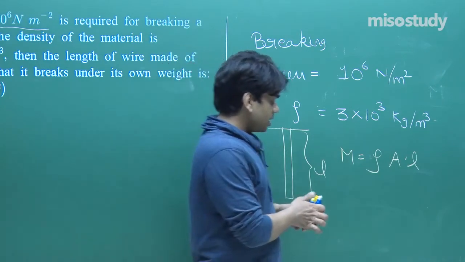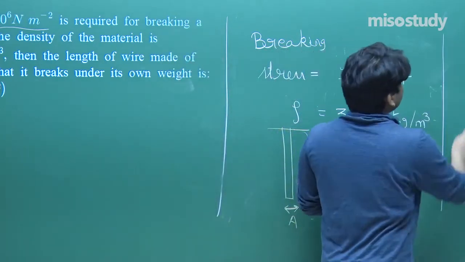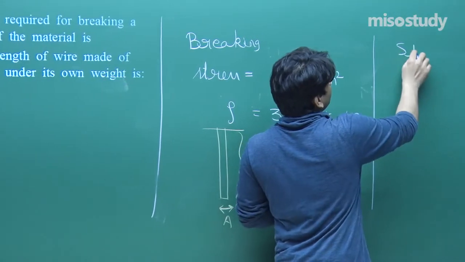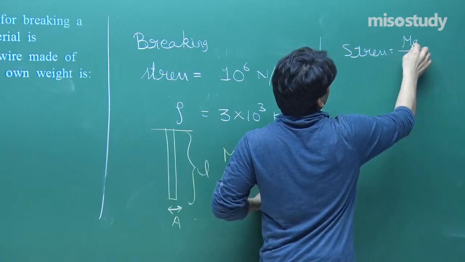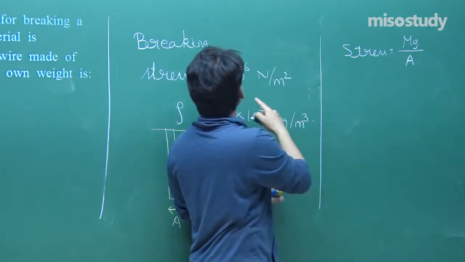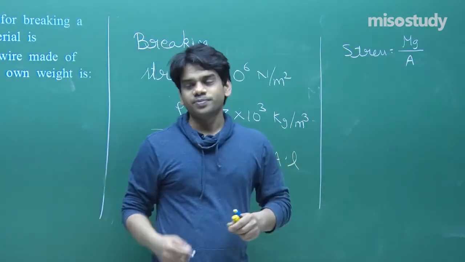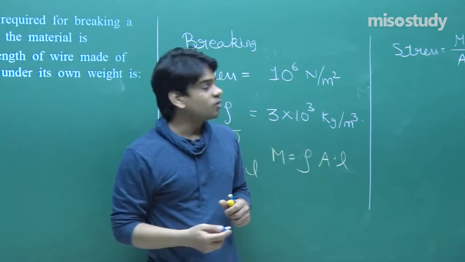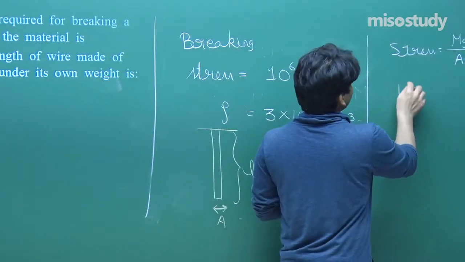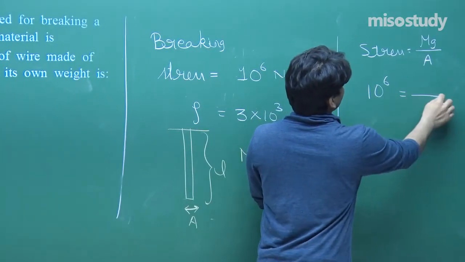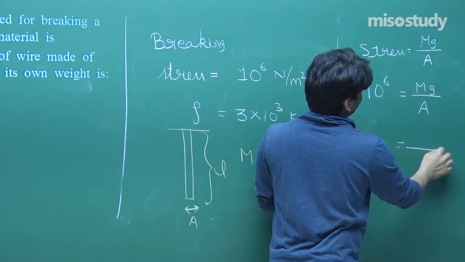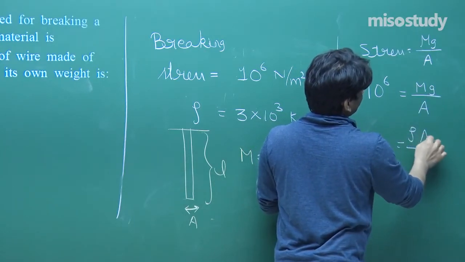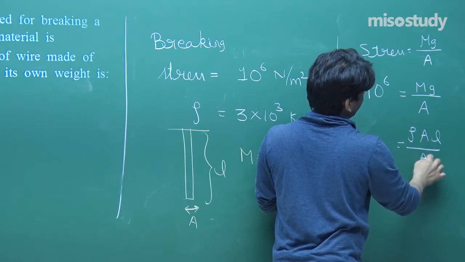Now the stress due to its own weight will come out to be mg by A, and equate this to 10 to the power 6 Newton per square meter. So we can easily find out the value of maximum length. So 10 to the power 6 is equal to mg by A, where m is given as rho into A into L, divided by A, and g.